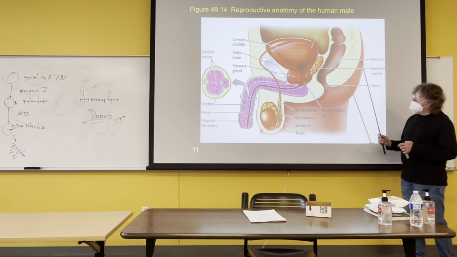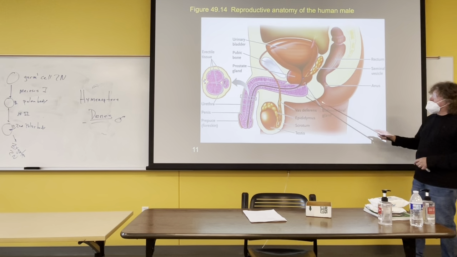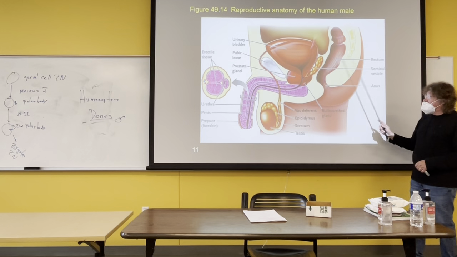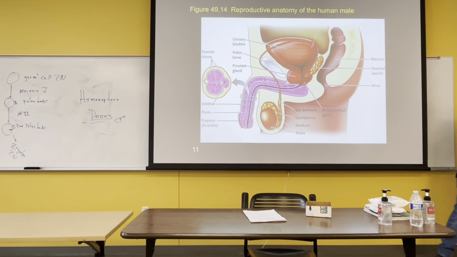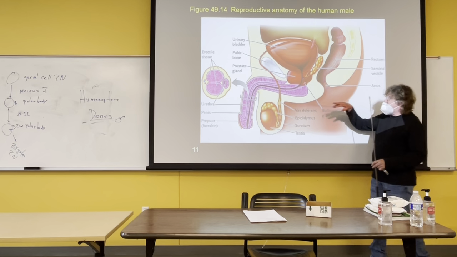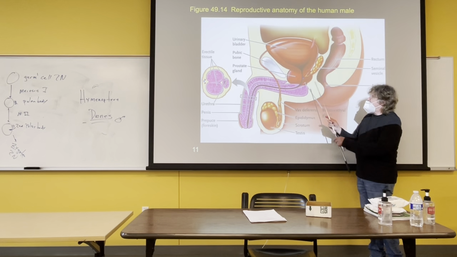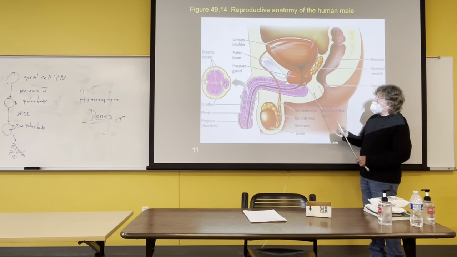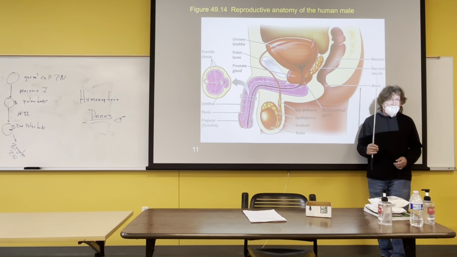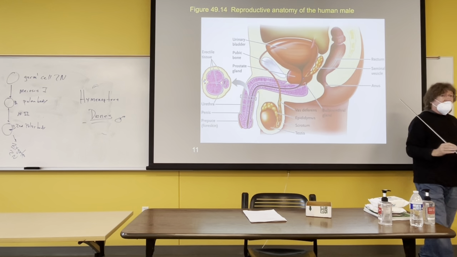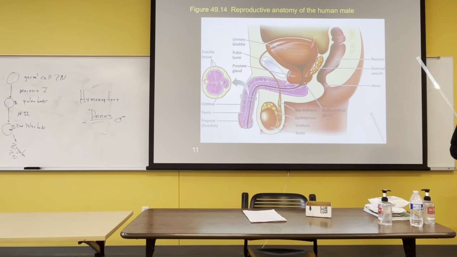Other important things here are certain glands surrounding the, do I have those glands up there? I'll talk about them in a moment, or next week. Right underneath the bladder is a gland that's called the prostate gland, okay? Now these glands, they add to the sperm, the semen.